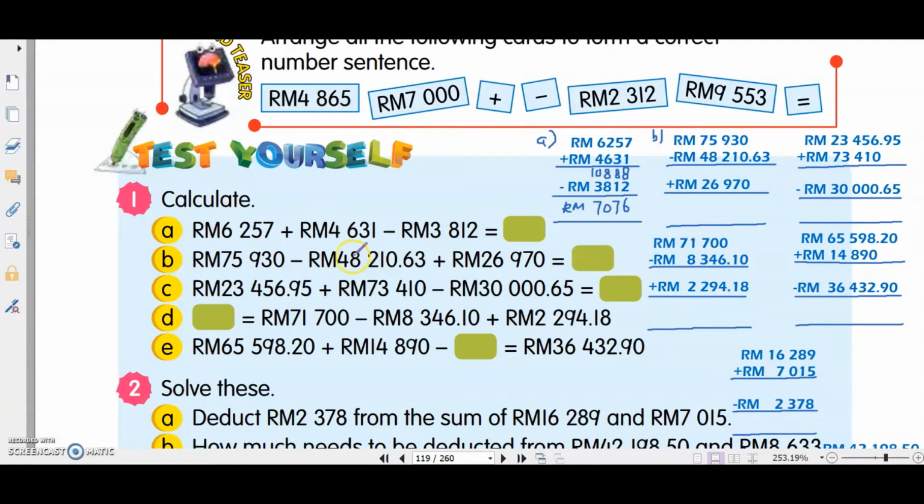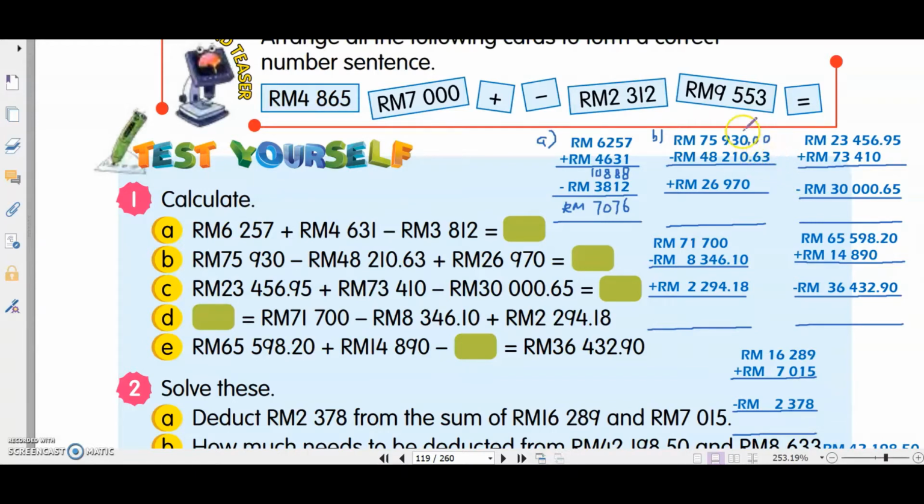Okay, B is over here. We have to minus first and then we plus. So the mistakes that the students always make is they don't see anything here, so they just write 63 here, which is wrong. If there's nothing here, it means nothing means 0. So when you see nothing, you put 0 first. Then you minus.